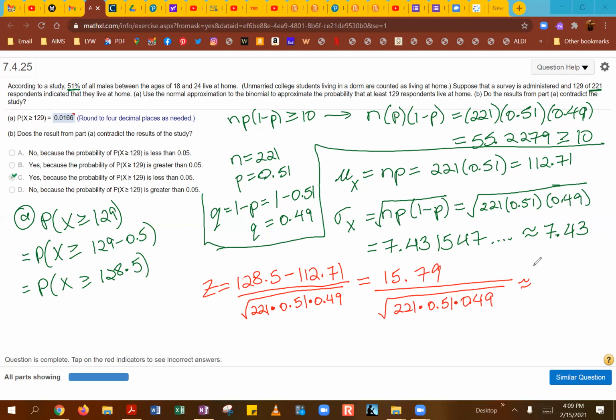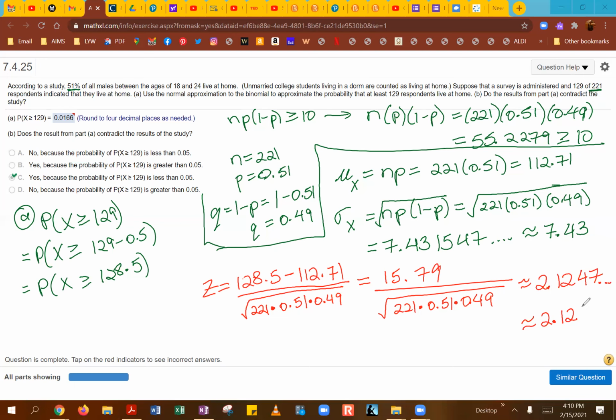So divide by the square root of 221 times 0.51 times 0.49. Alrighty, and we are coming up with 2.1247. Of course, the number keeps going, but since this is a z-score, we are going to round it to 2 decimal places. So we will end up with 2.12. You have a 4 after that, so it will not change the 2. It will stay at 2.12.